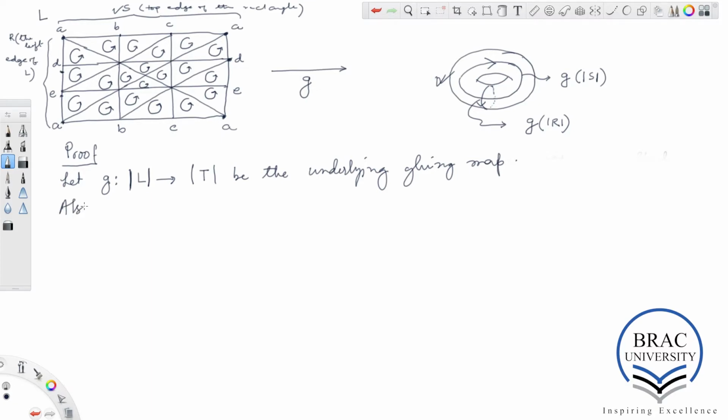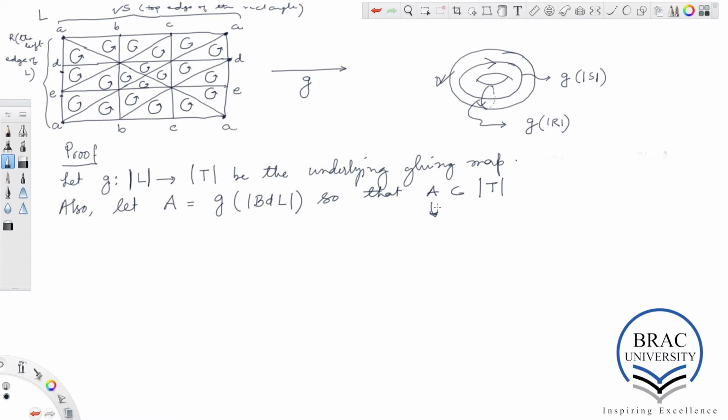Also let A be the image of the underlying space of the boundary of the rectangle under the gluing map G. So A is definitely a subspace of the topological space mod T.